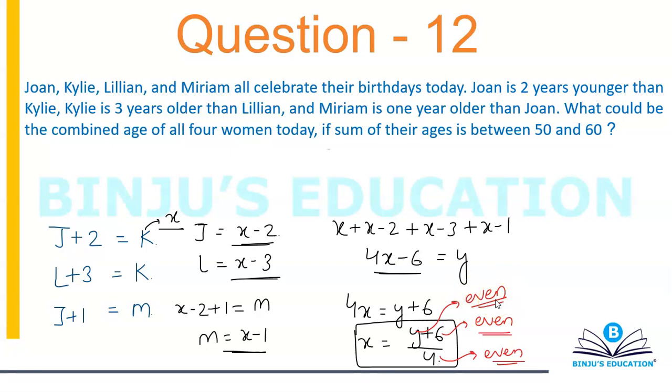That's not a possibility. Y has to be even. So what values do I have? I have 52, 54, 56, and 58. These are the only possible values. I can't use 51, 53, 55, 57, 59. It's not possible. So let's start with 52.